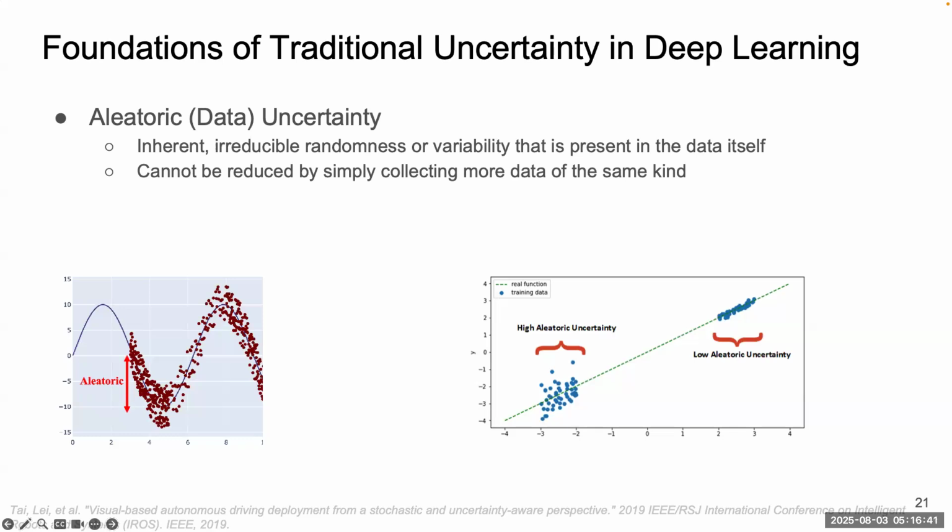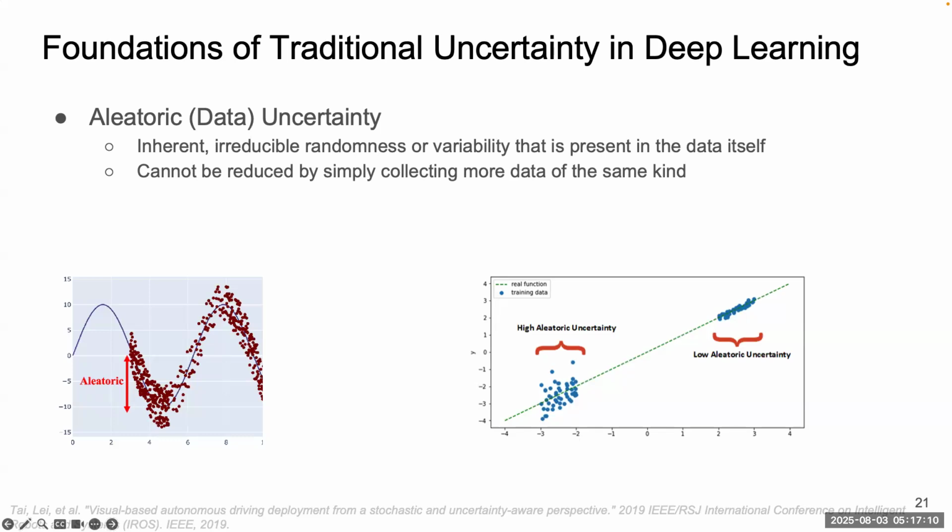Another example here: you have the x-axis as the features, the y-axis as the label, and two groups of data, and you can see that this data is messier or noisier than that data. So people think, okay, this part has high aleatoric uncertainty, or data uncertainty, and this part has low aleatoric uncertainty.